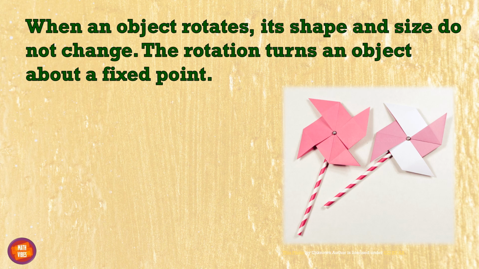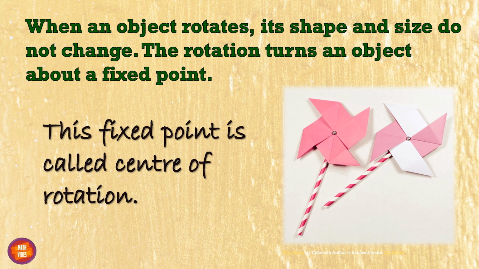So this paper windmill you must have seen. Here, if you must have made it in your science projects or you have seen windmills, they are also a beautiful example of rotational symmetry.